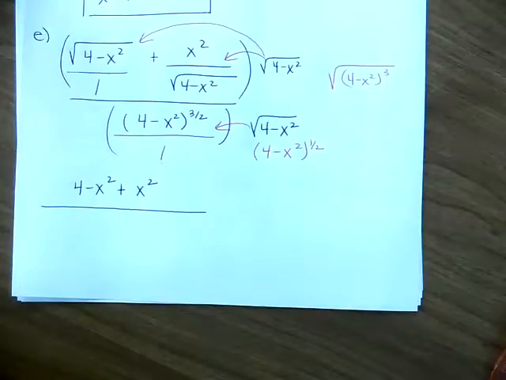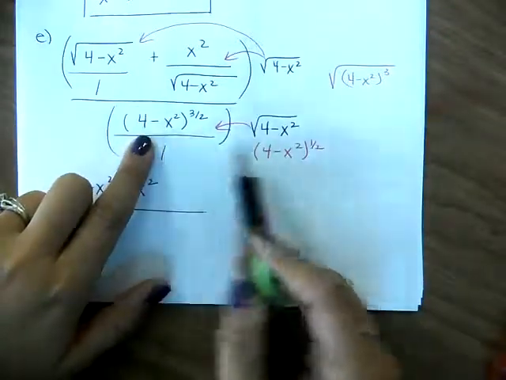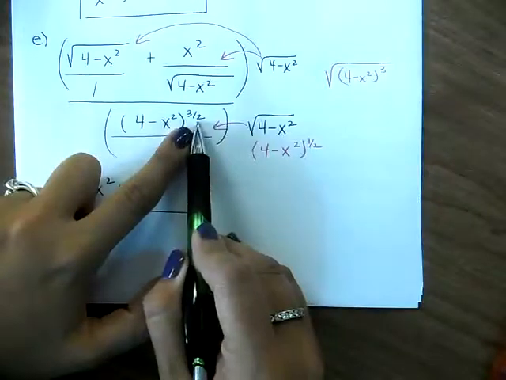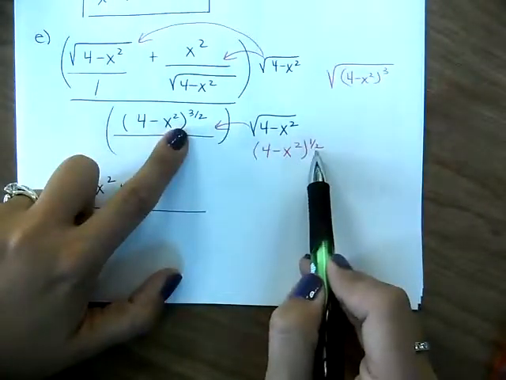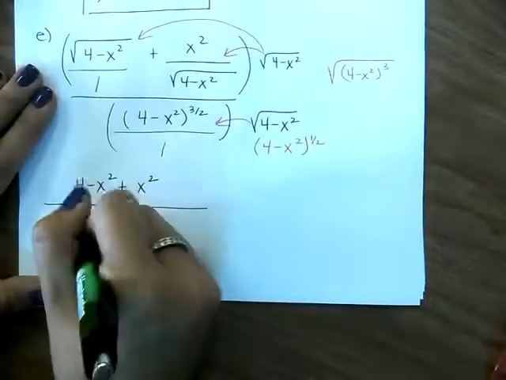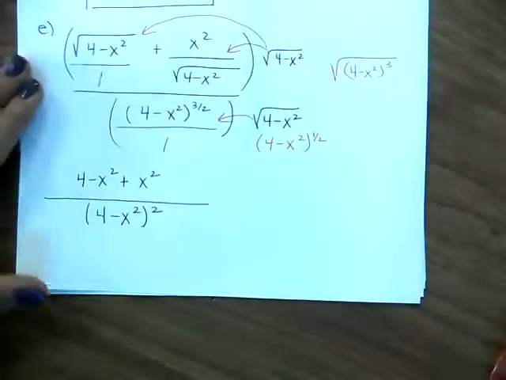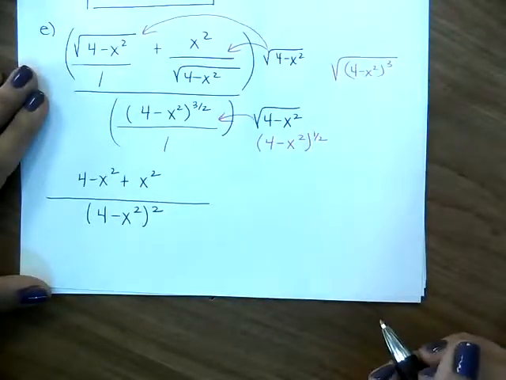X squared times x cubed, you add exponents to get x to the 5th. Well, our bases are the same. 4 minus x squared, 4 minus x squared. So all we have to do is add these exponents. 3 halves plus 1 half is 4 halves, which is just 2. So 4 minus x squared squared is what is left over.